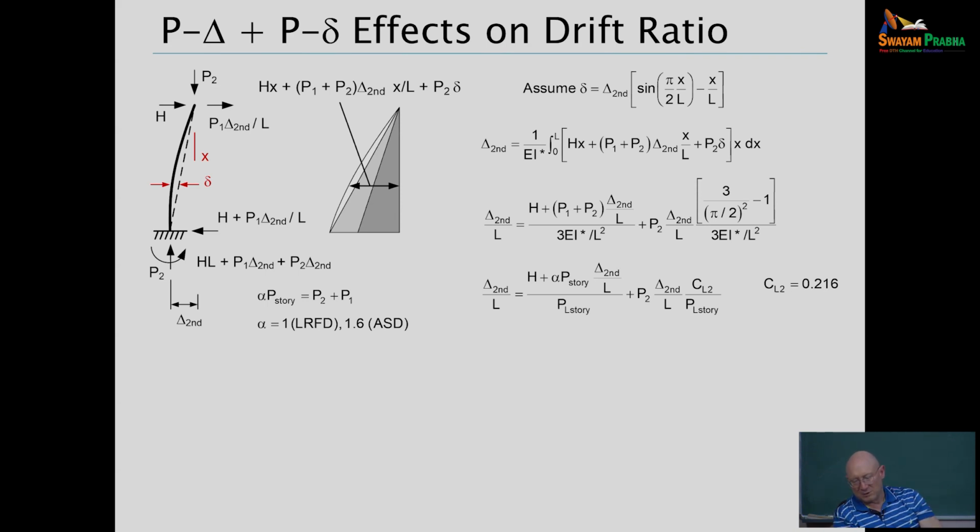So you can see I've replaced the bracket in the bottom equation on the right by CL2 for column 2. And 3I over L squared, I've replaced by PL story. We replace P1 plus P2 by alpha P story. That's our total vertical load, right? So now we can simplify that equation.